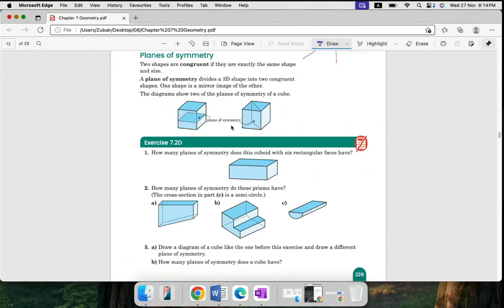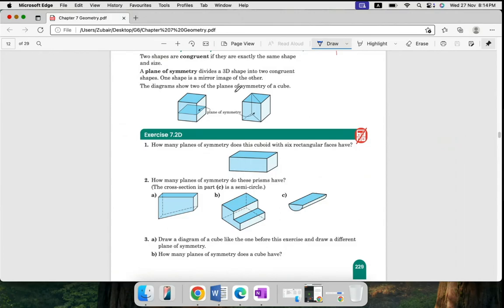Now planes of symmetry for this cube, if we have equal sides, this second side and third side, these are equal. So two are in front of you, already drawn, horizontal, then at this angle, and so on. There are more. So we can actually draw 9 planes for the cube.